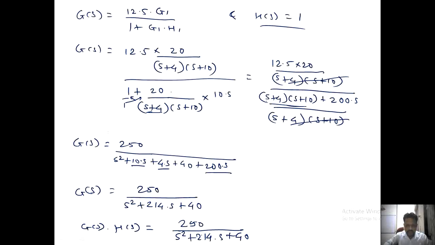So there will be two factors like 250 by s plus something and s plus something. There is no single s present outside the bracket, and on the basis of the power of single s, we get to know the type of system.